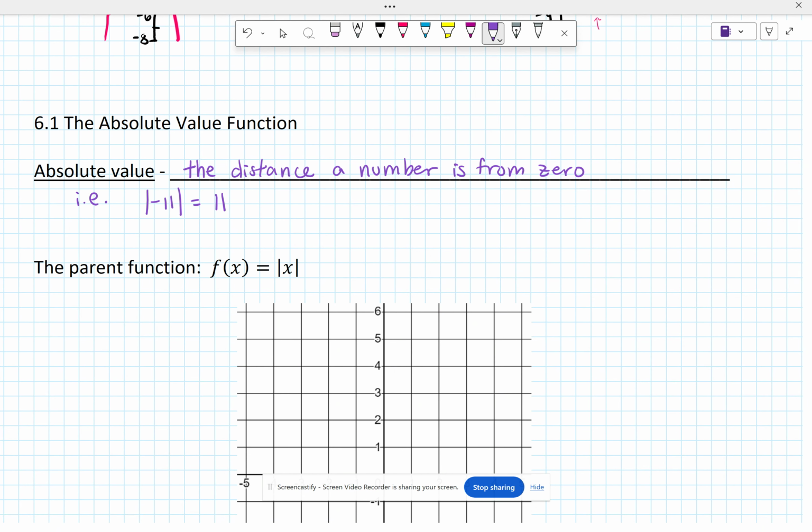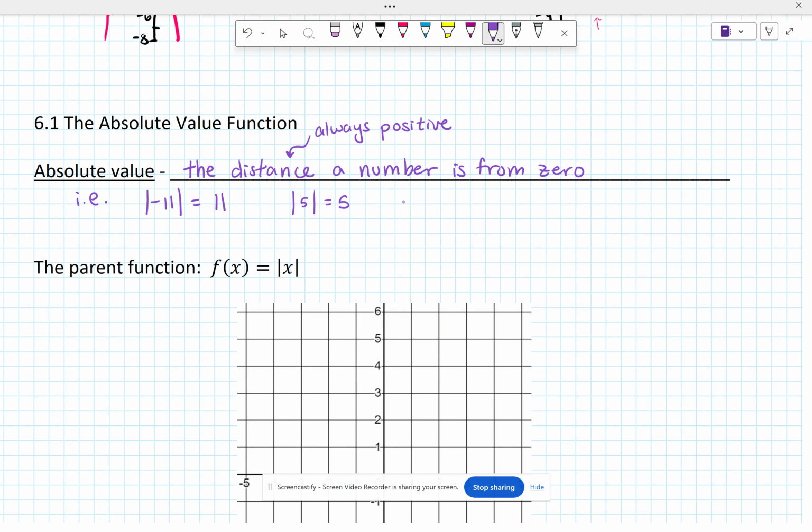It is 11 units. Now, distance is always, always, always positive. If somebody asks, how far do you live from the school, you would not say negative 3 miles, right? That's kind of strange. If I take the absolute value of a positive number, I still get positive.